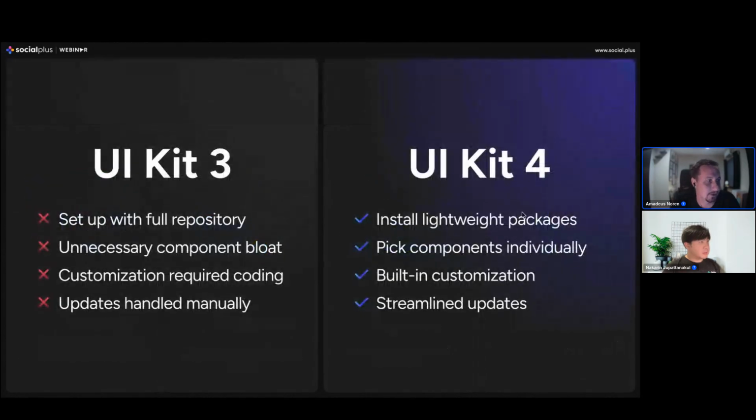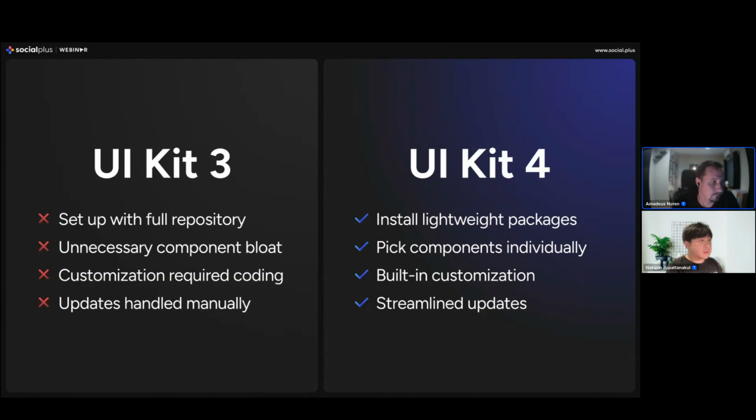So just on a really high level, what's different if we zoom out. UIKit 3 has been quite rigid: social features come bundled together, customization required code changes, and updates were very manual. UIKit 4 is much more modern, flexible, and customizable with quick updates and more painless upgrades.